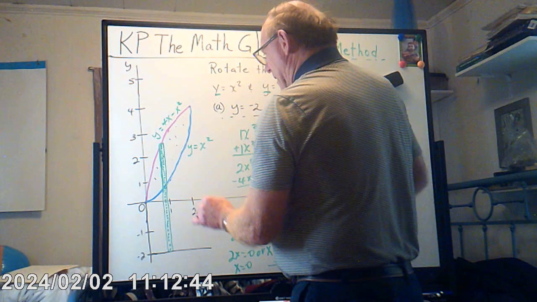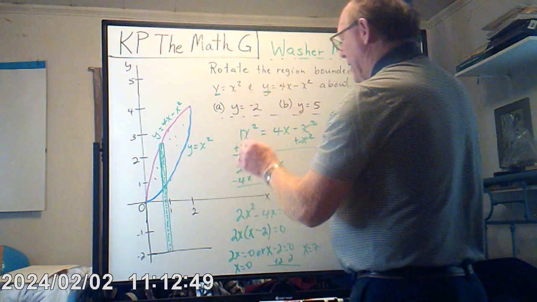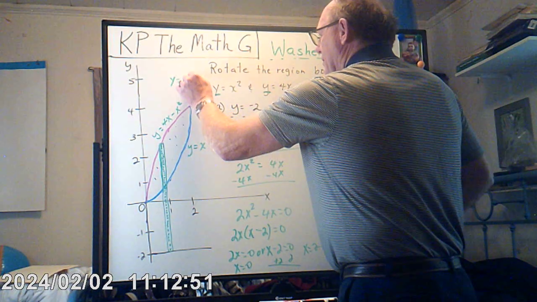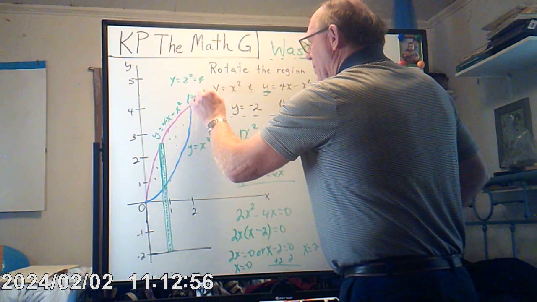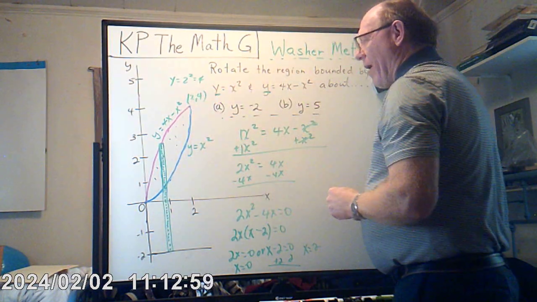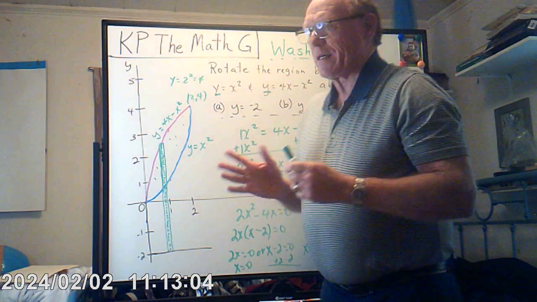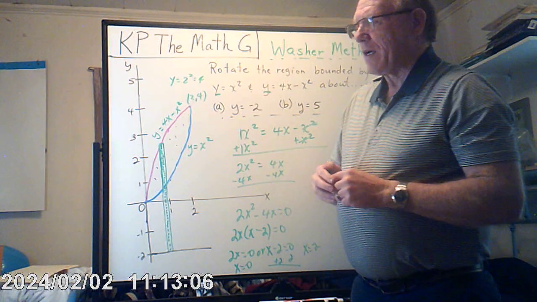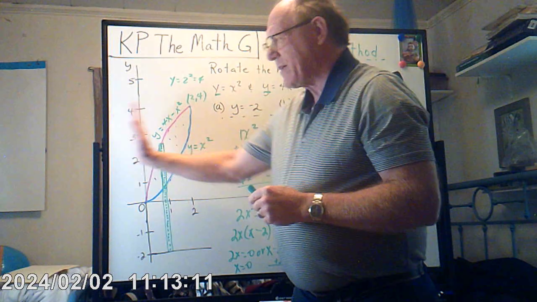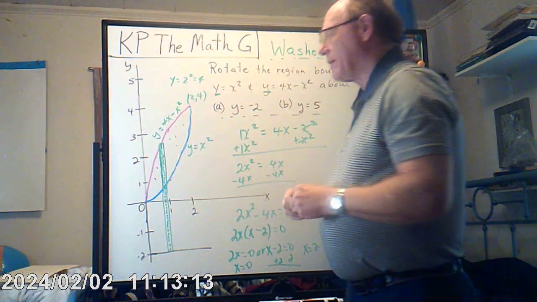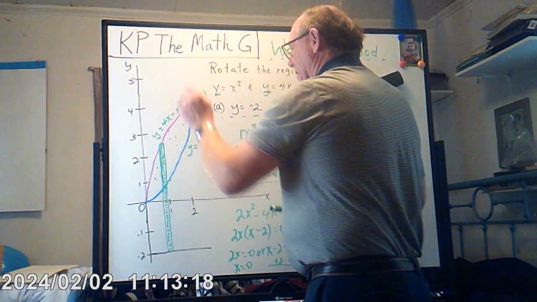This point here is (2, 4). You can plug it into either one of these. The easiest one is y equals 2 squared, which is 4. So this is (2, 4). For now, finding the y value is not as important unless you're rotating something around, say, the y-axis or a line that's parallel to the y-axis.